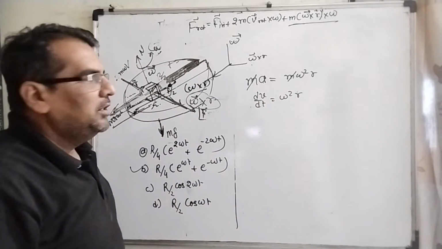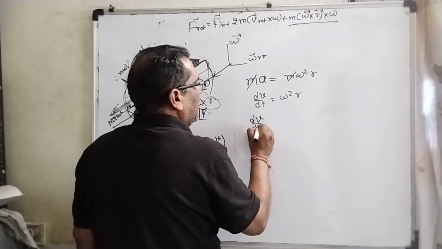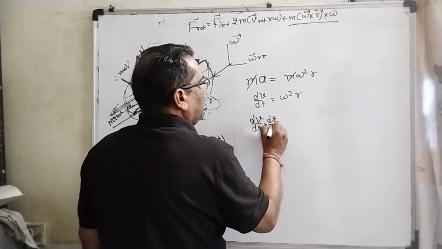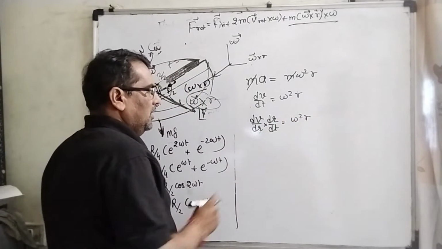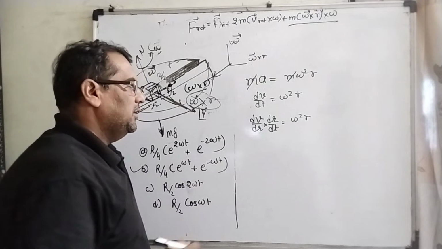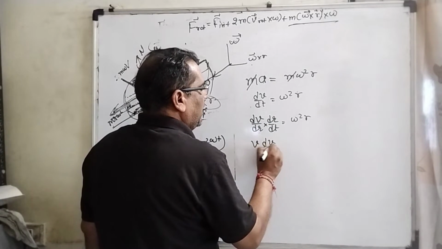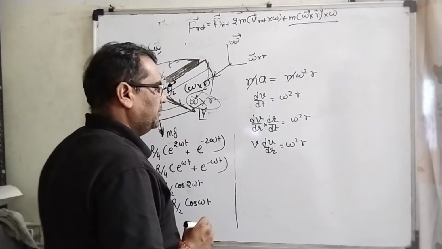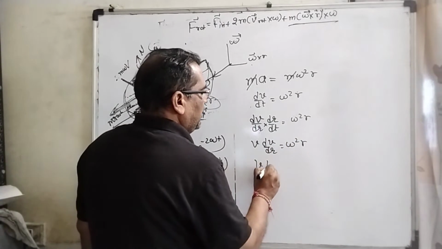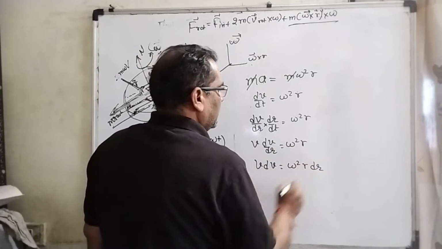Using the chain rule, dv by dr into dr by dt equals omega square r. What is dr by dt? It is the velocity. So it can be written as v dv by dr equals omega square r. Then v dv equals omega square r dr.